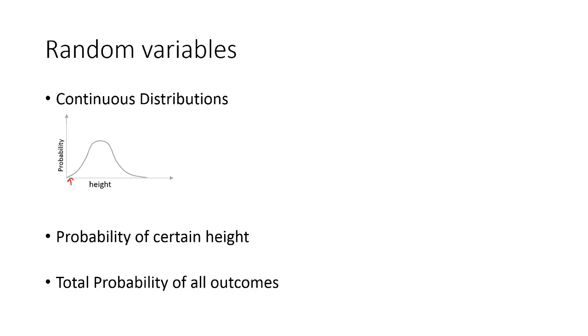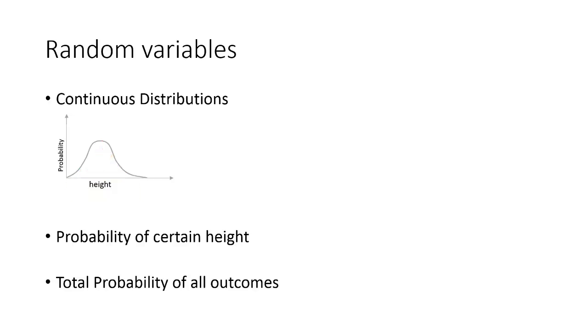So you can't take each possibility, take the probability of that and add it to 1, just because there are infinite number of them. So what you do is you take the entire interval and sum the probability within that interval, and the best way to do that is to look at this area as a whole. So when you look at this area, it's like you're taking all the possibilities within that area and summing all the probabilities for each possibility.